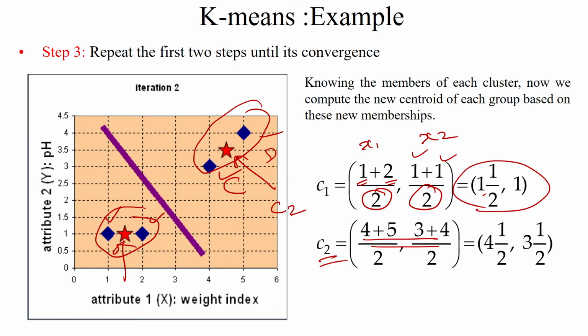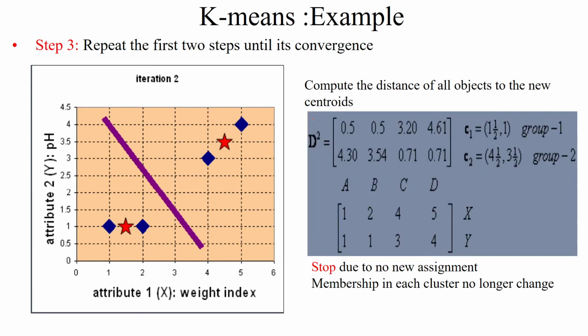Again repeat the same process: calculate the distance between all the data points. This is C1, C2, and data points A, B, C, D. Among 0.5 comma 4.30, 0.5 is the minimum, so A belongs to cluster 1. Then 0.5 comma 3.4, 0.5 is the minimum, so B is assigned to cluster 1.